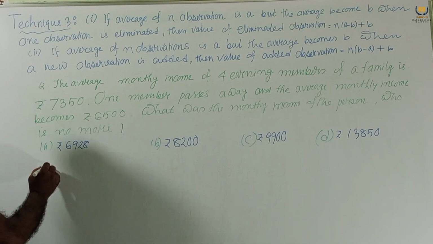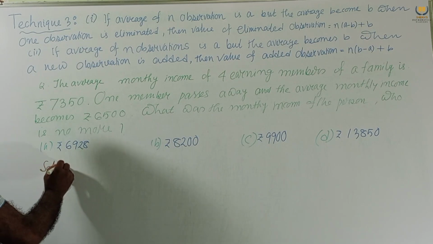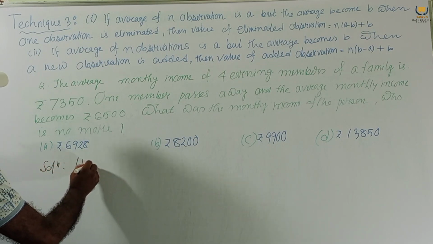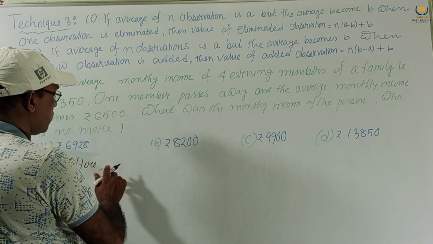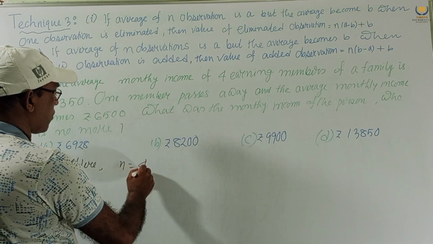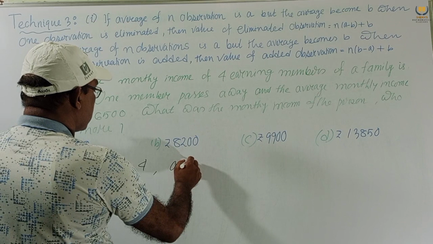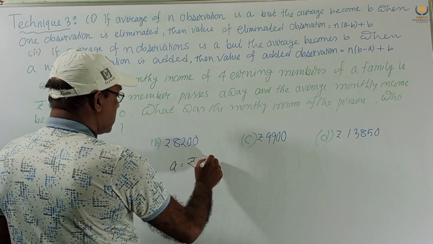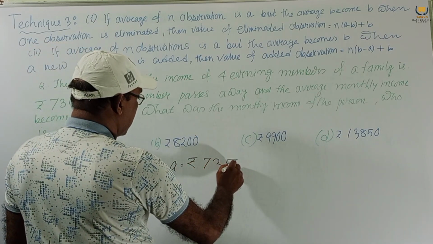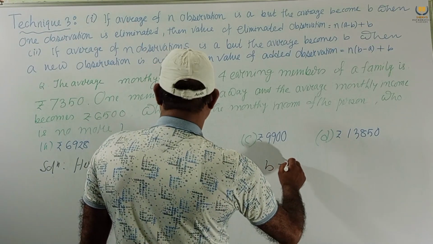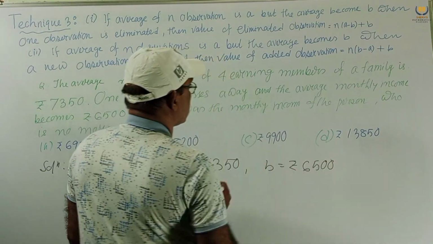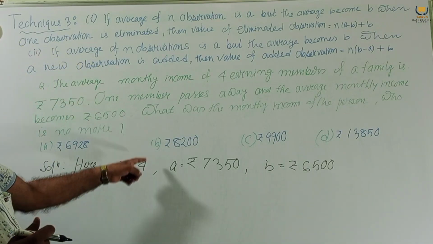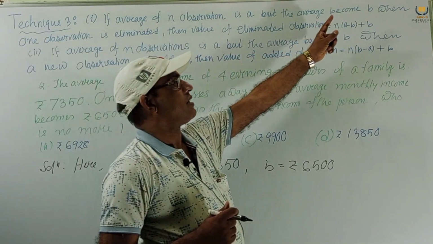So the solution: what is given here? n equals 4, a equals rupees 7350, b equals rupees 6500. This is the elimination method. We consider the first formula.